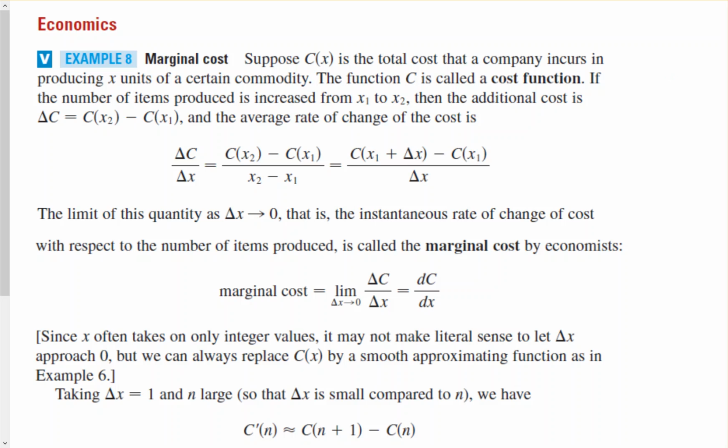If the number of items produced is increased from x1 to x2, then the additional cost is delta C, and the average rate of change of the cost is delta C divided by delta x. The limit of this quantity as delta x approaches 0 is the instantaneous rate of change of cost, which is called the marginal cost.